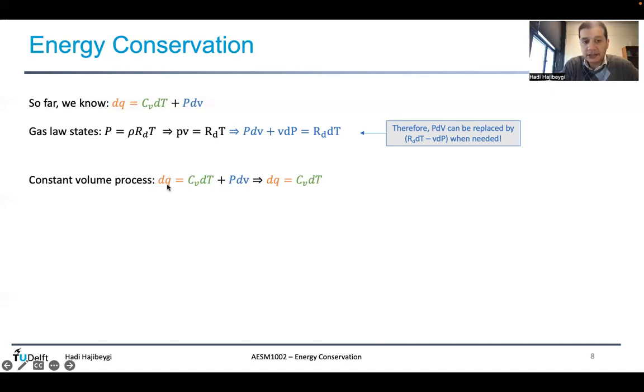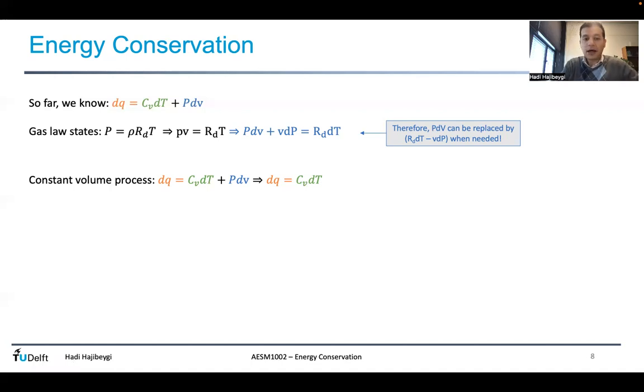So heat added dq is Cv dT plus pressure volume change. Now, since it's a constant volume process, P dV will be zero. And therefore, I get dq is Cv dT, which is pretty straightforward.